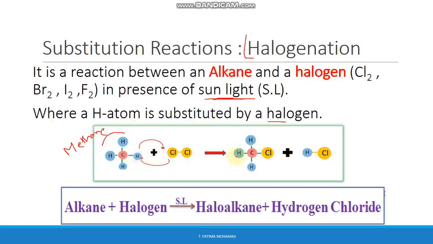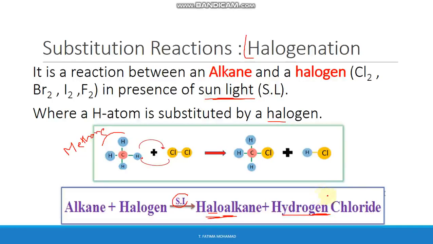So you will have here chloromethane plus what? HCl. So the general word equation says that alkane plus halogen in presence of sunlight will give a haloalkane, meaning an alkane which has a branch of halogen. It doesn't mean only one halogen, it can be more than one, plus hydrogen chloride.